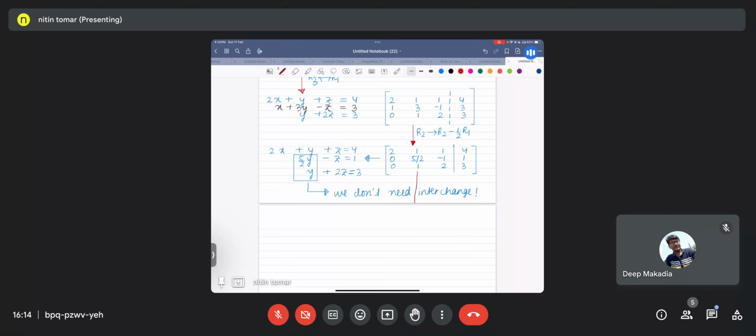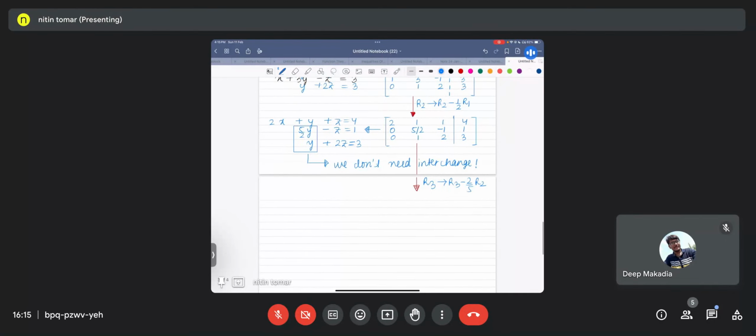Okay. So then we continue with this system, what is given above, right? Now, which row operation will you apply? I think R3 goes R3 minus 2 by 5 R2. Yes, this is correct.